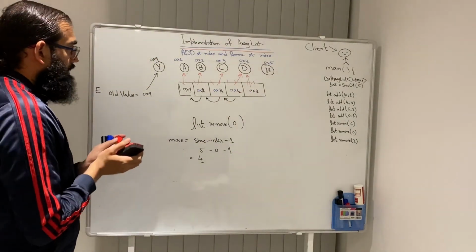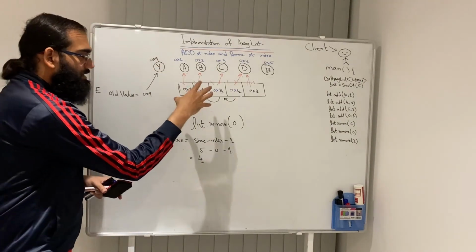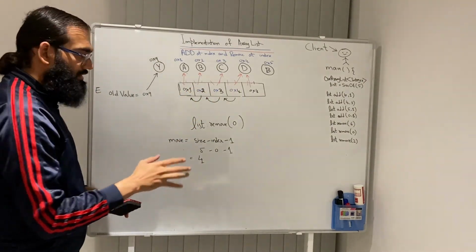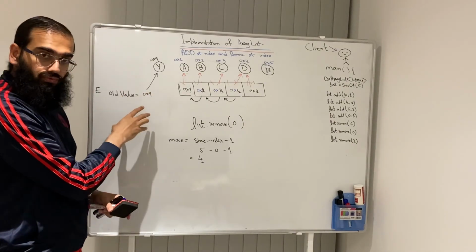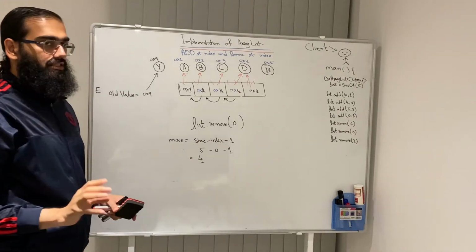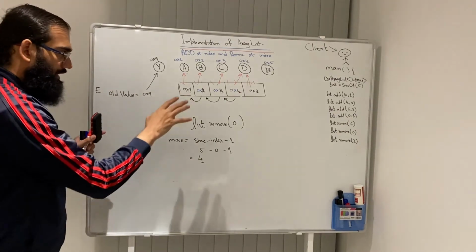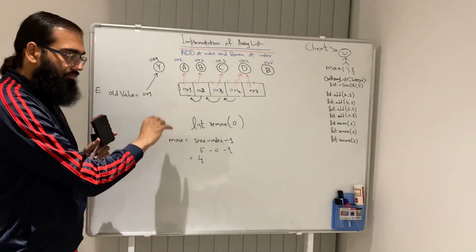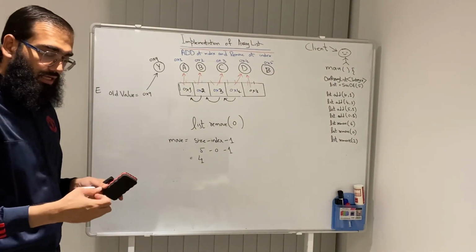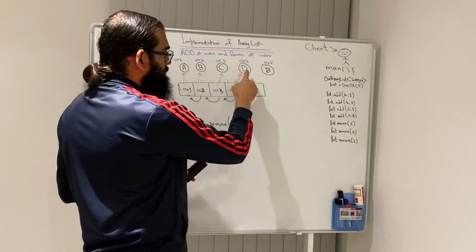Okay, now there are 2 things we need to remember. One thing, now this array has no reference to this object which we removed, the old value. So once we give this to the client, the client is responsible for this, and once the GC is called, we don't care. If the client is not using this, there is no reference, so that will be collected by the garbage collector. If not, then it's okay, but we are responsible for this one.